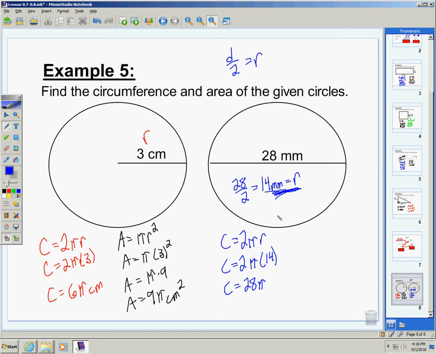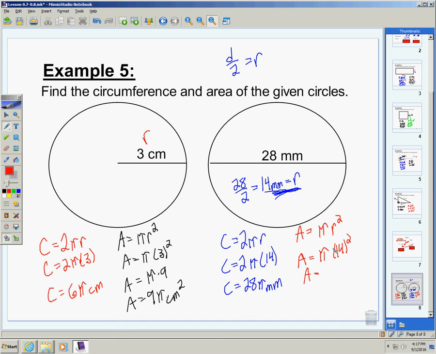Then last one, area, pi r squared. So what I'm going to have to do is area equals pi times 14 squared. And then when I actually go to do this, I just have to square 14, which would be 196.